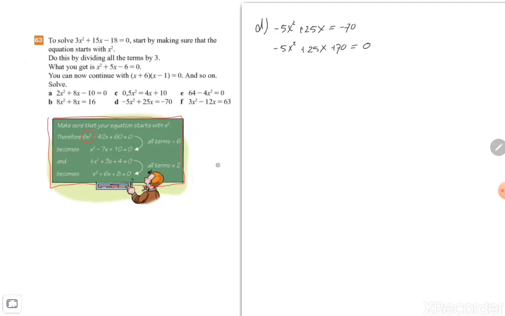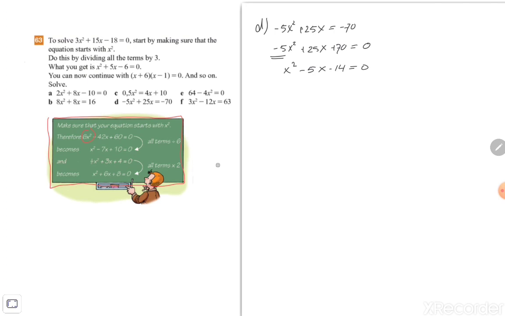I'm going to divide everything by minus 5. So you get x squared, and then a negative 5x, and then minus 14 is equal with 0. Because 70 divided by minus 5 is minus 14.